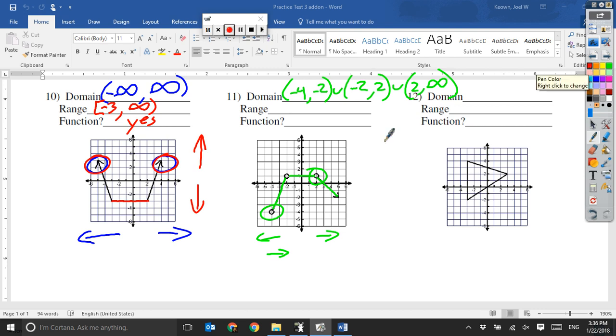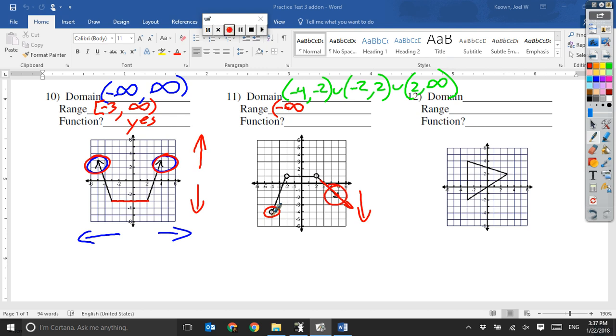For range, let's see how far down my graph goes. Well, this one can be a little bit confusing. I'll erase all this stuff for domain. It's very tempting when I'm looking at range to look at this value right here because it stops right there. But if I notice this right here is an arrow, which means it's going to keep going down forever. So my range goes down to -infinity because of this right here.